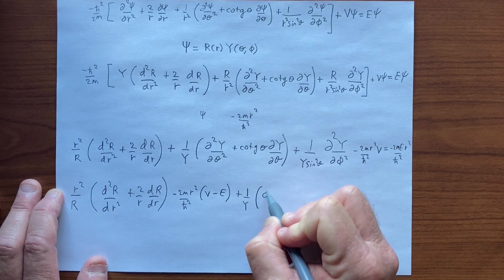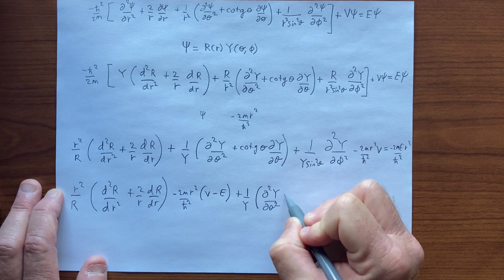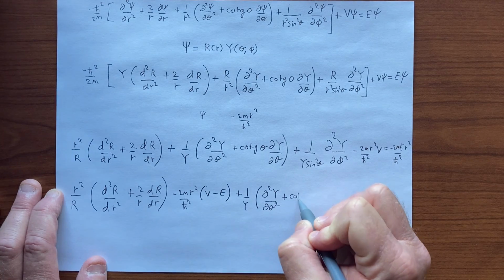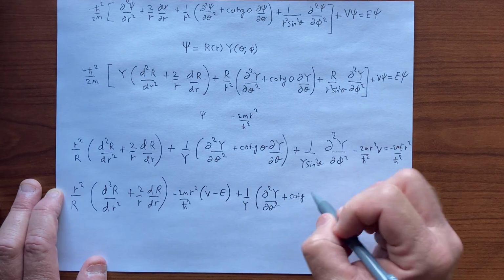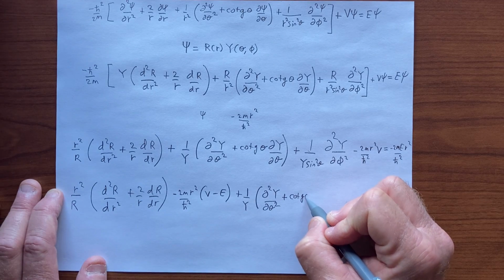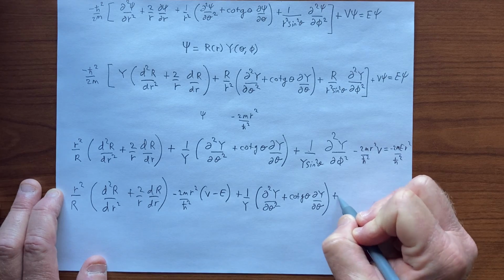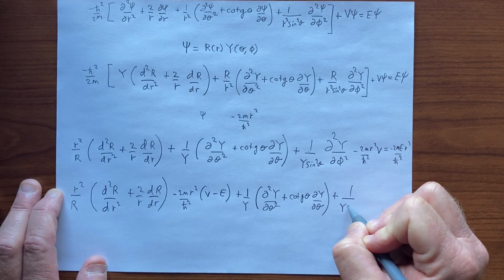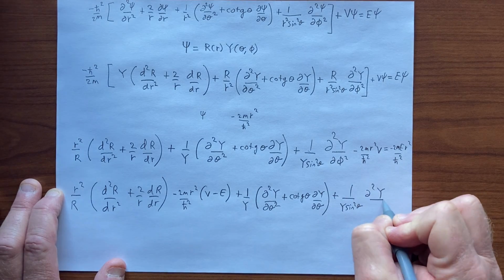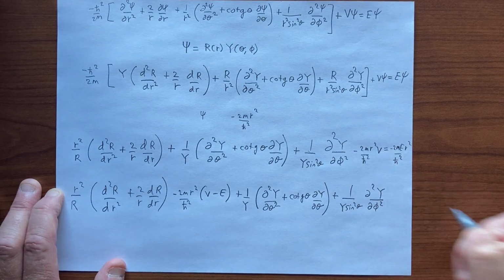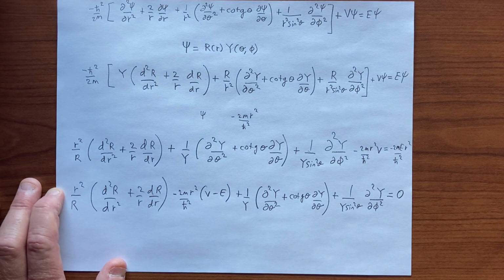So here we have two derivatives of this other function of the angles. Right, nothing that I'm writing now depends on this variable r, cotangent of theta dY by d theta plus 1 over capital Y sine squared theta, two derivatives of capital Y in the other angular coordinate phi, and that has to add up to 0.